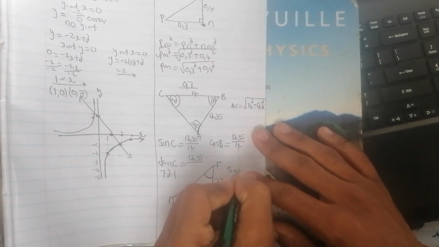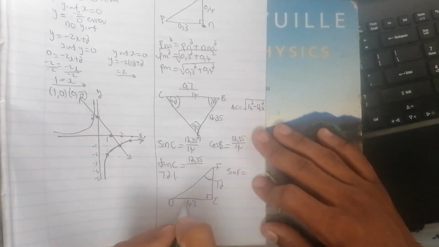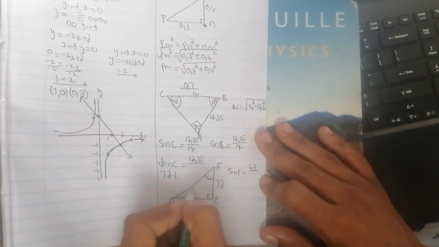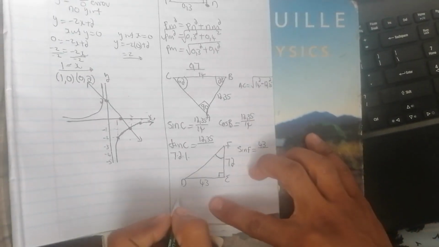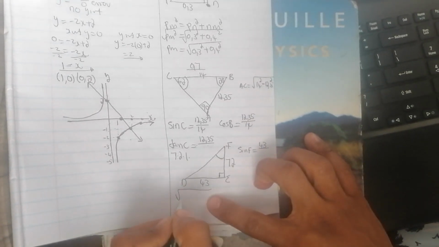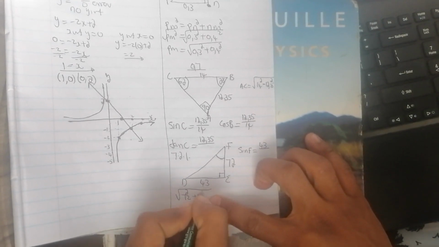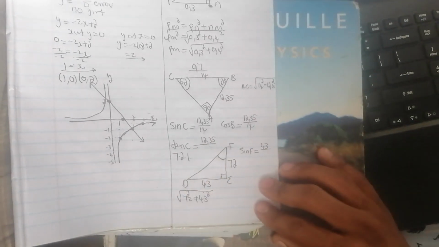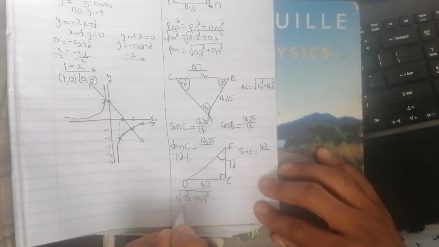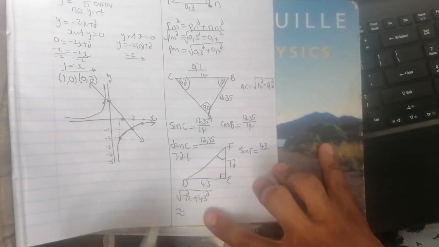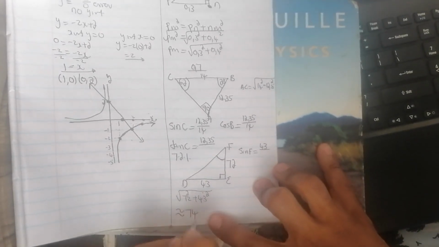So the sine of F would be opposite over hypotenuse. I need to find the hypotenuse, which would be 72 squared plus 43 squared. So that would give you the hypotenuse. For example, suppose the hypotenuse is 74.